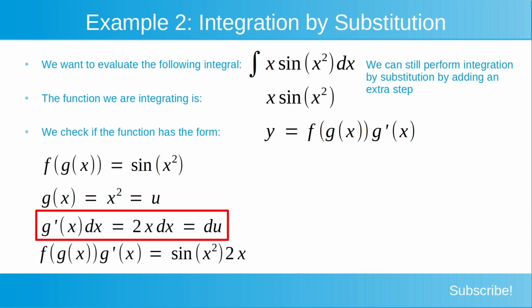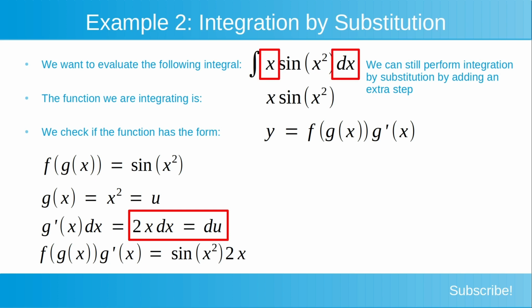Now, normally, if the function that we are integrating did take the exact form of f of g of x g prime x, then we would be seeking to substitute du for 2x dx. But when we look at the function that we're integrating, we don't have 2x dx.